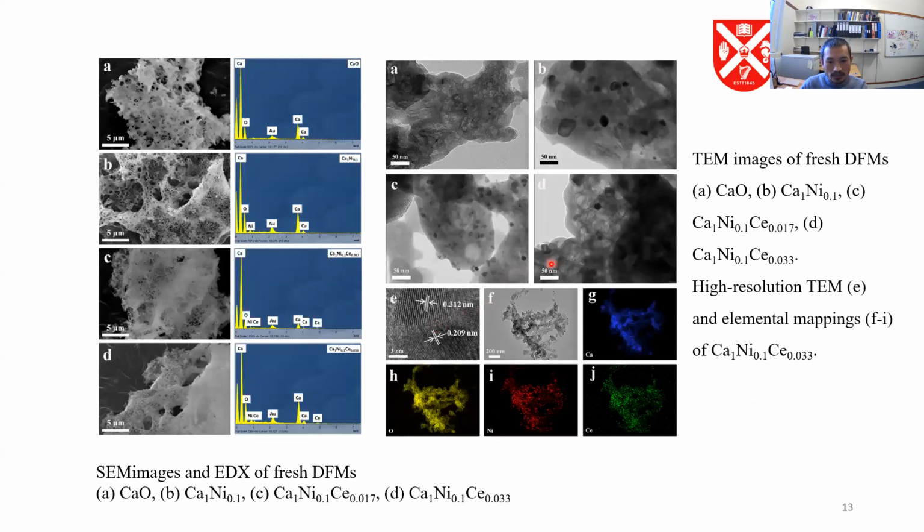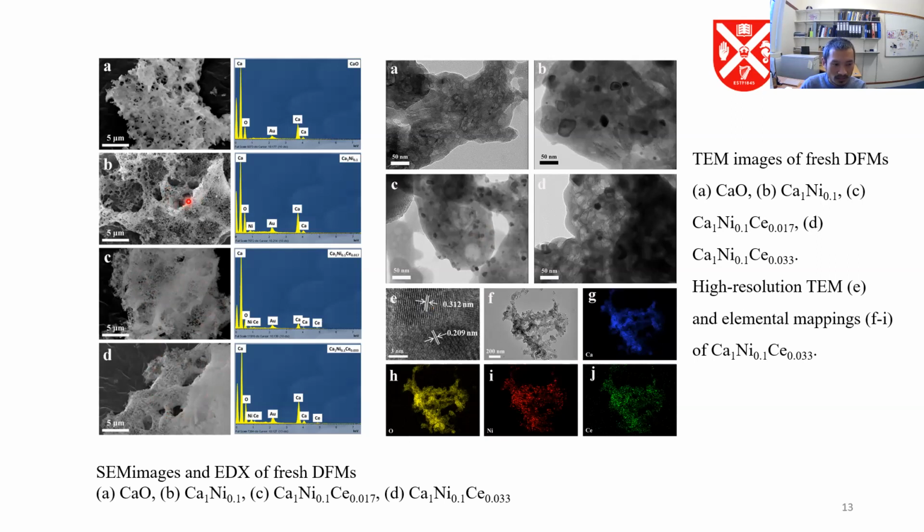The TEM shows that the particle size is quite big for the nickel calcium oxide material, and for the nickel particles. When we introduce cerium, in C and D, the particles are quite uniformly distributed. That means the introduction of cerium actually improves the distribution of the material. We did some further EDX mapping analysis to confirm the distribution of these materials. And this structure is mainly porous calcium oxide.